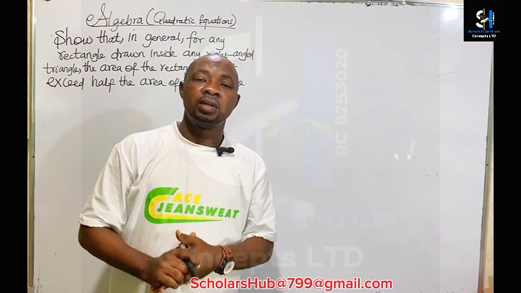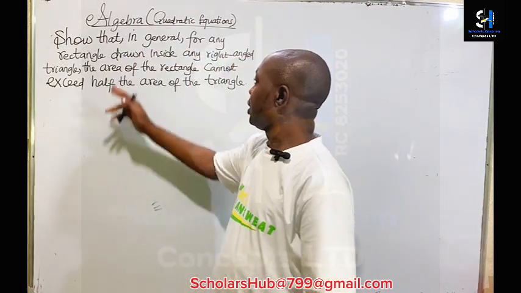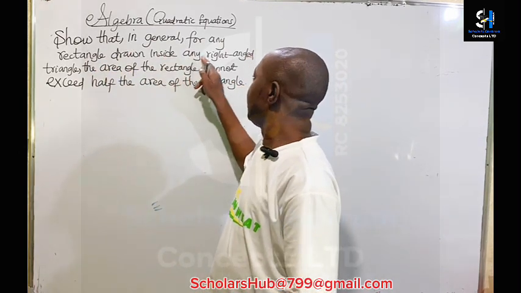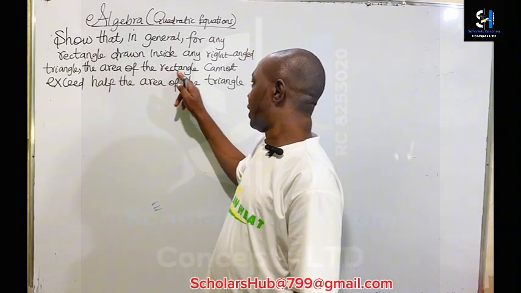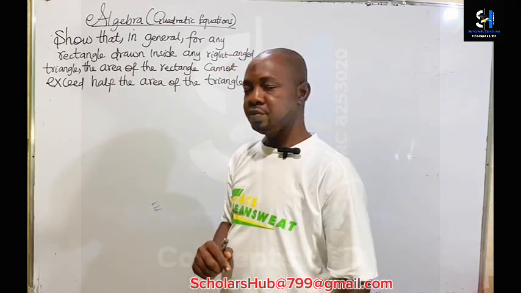Hello viewers. Now let's see how we can show that in general for any rectangle drawn inside any right angled triangle, the area of the rectangle cannot exceed half the area of the triangle.